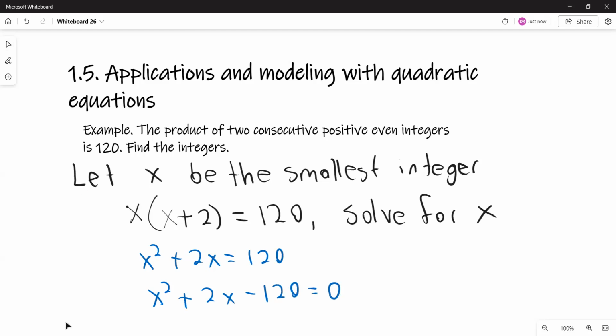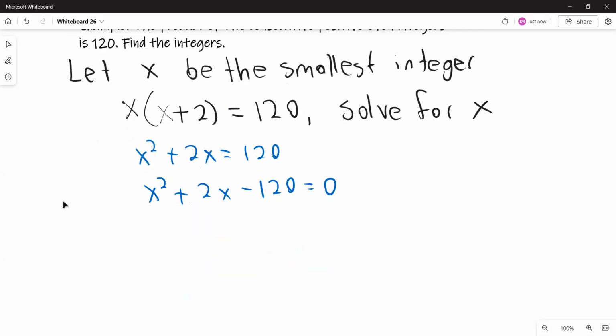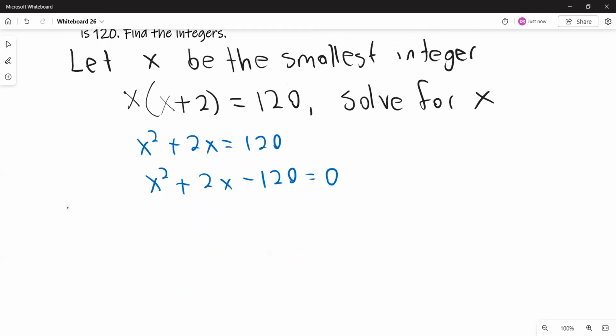So we can do this equation by factoring. We want two numbers whose product is negative 120 and whose sum is 2. And those are going to be plus 12 and minus 10.